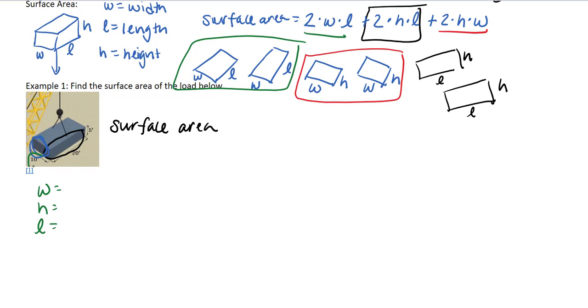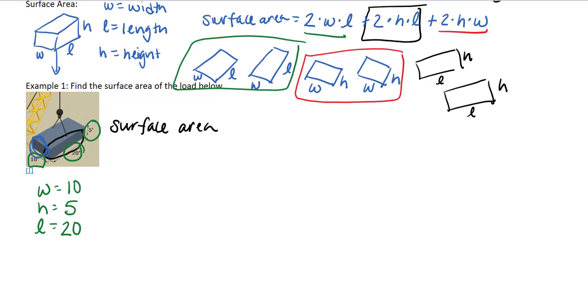The width is going to be 10. Our length, so how long is it? It's going to be 20. And how tall is it? It's going to be this 5.